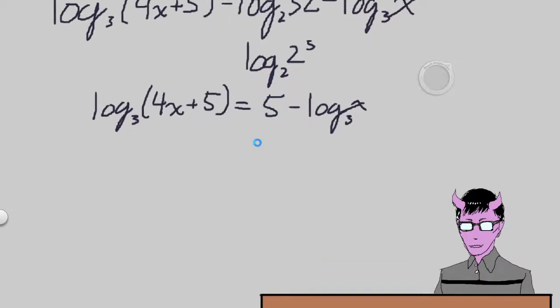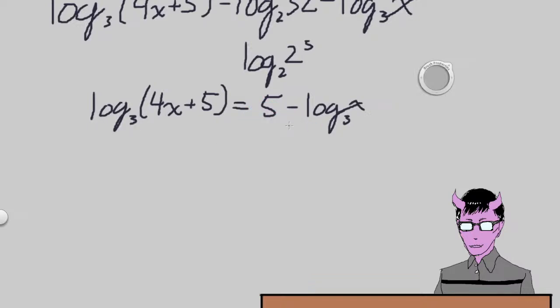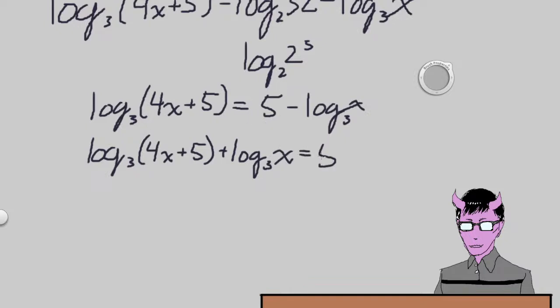Alright. So we have log base 3 on one side, we have log base 3 on the other side. So usual strat is to try to consolidate all matching log bases to one side. A very generic strat, but it's effective the vast majority of the times. Okay, so we have log base 3 of 4x plus 5 plus log base 3 of x is equal to 5.